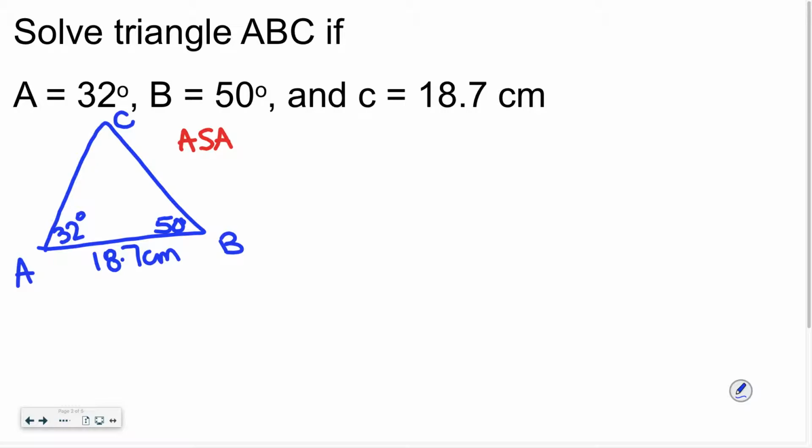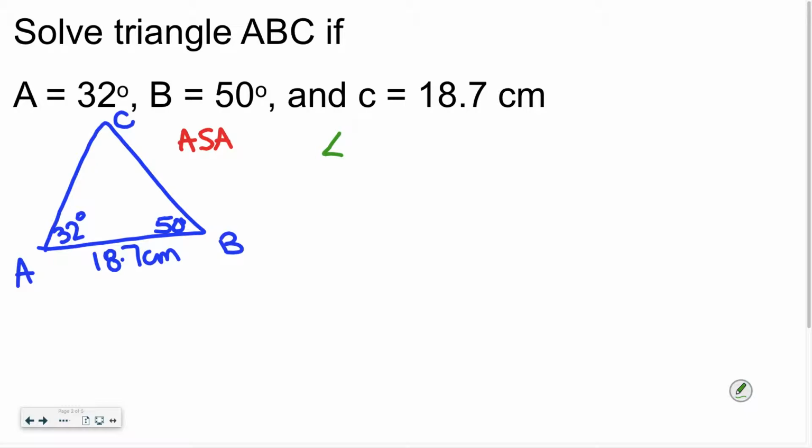Okay? So let's start with the easiest thing to calculate on here. We don't even need the law of sines yet for the first piece of information. We can find a third angle, no problem. We know that the three angles of a triangle add up to be 180.